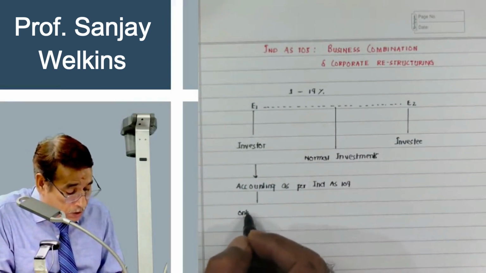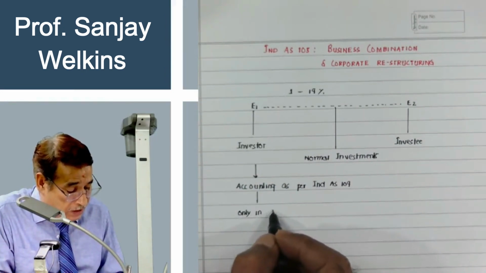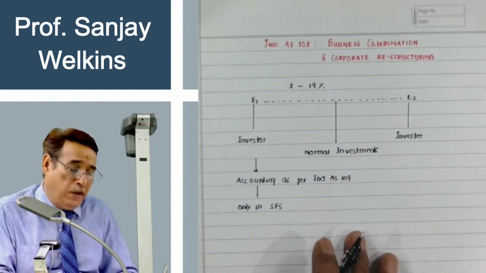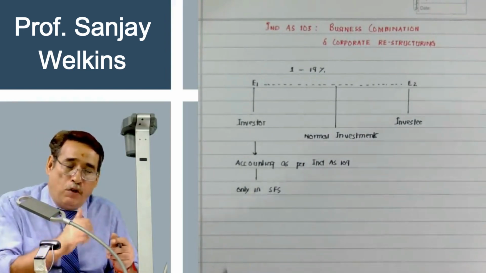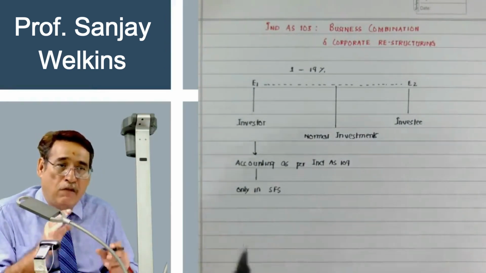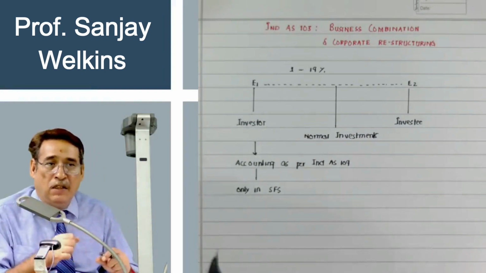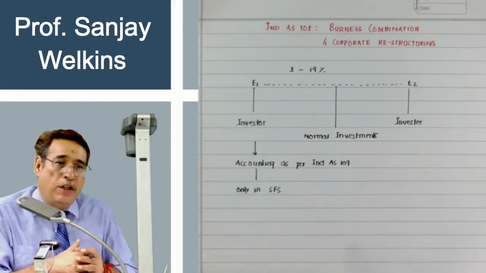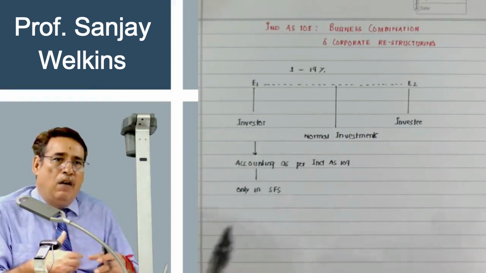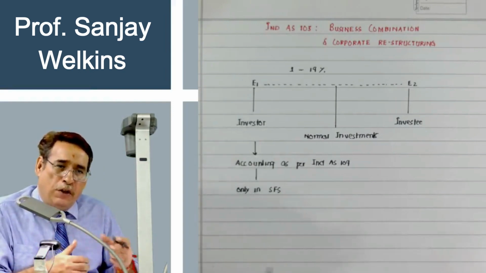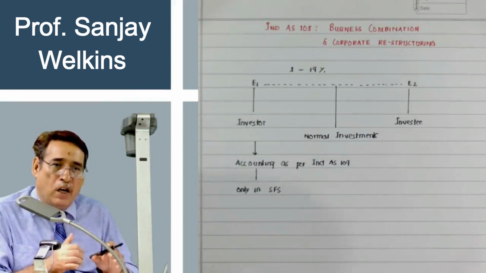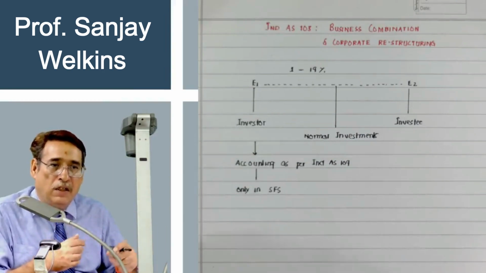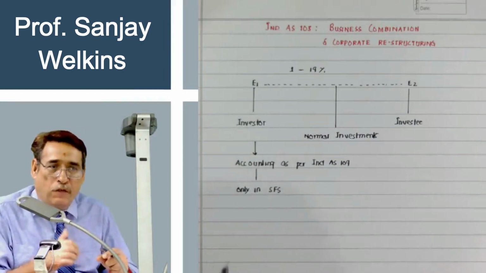SFS means separate financial statement. Indirectly, what I am trying to pull into your mind is the fact that when we invest into some other entity and our investment is less than 20%, in that case, we will account for our investment in a normal manner, and in a normal manner means we are going to do our accounting for our investment in the other entity by applying the provisions of Ind AS 109.